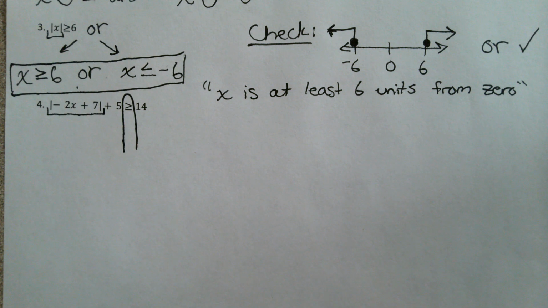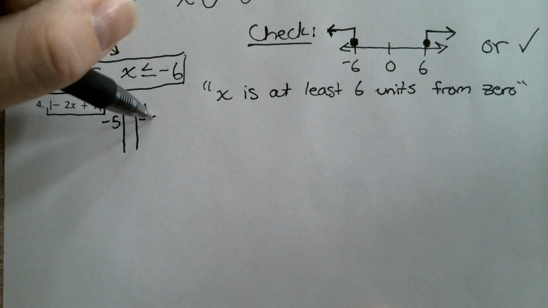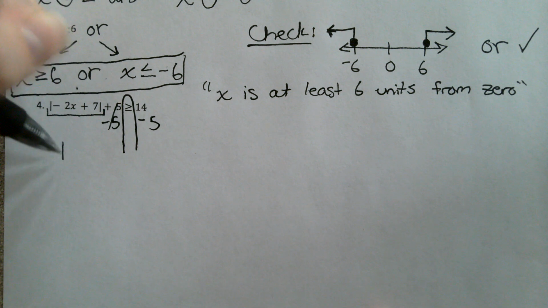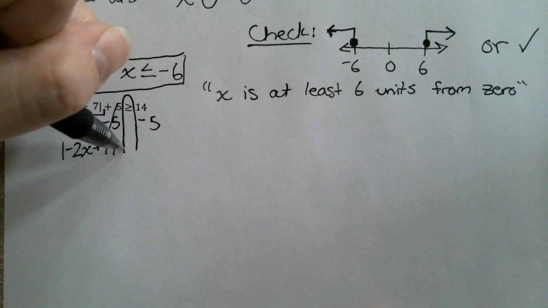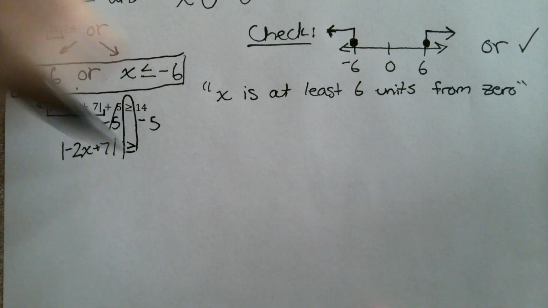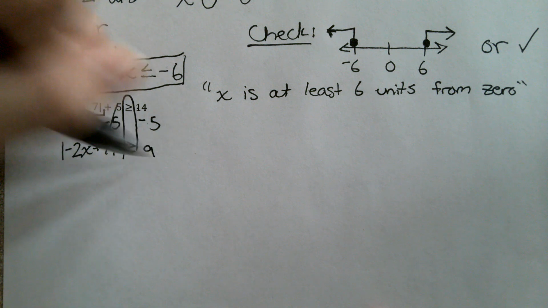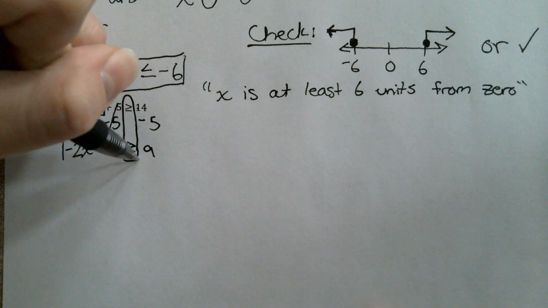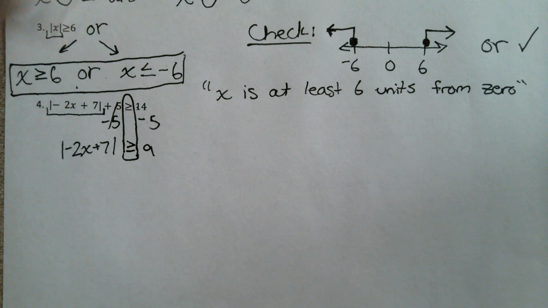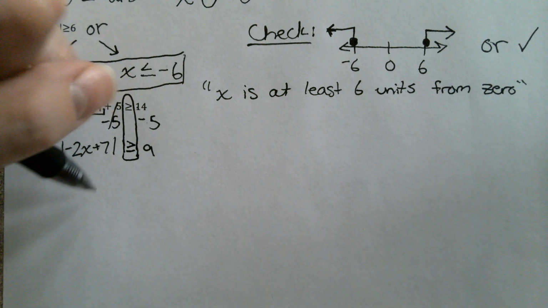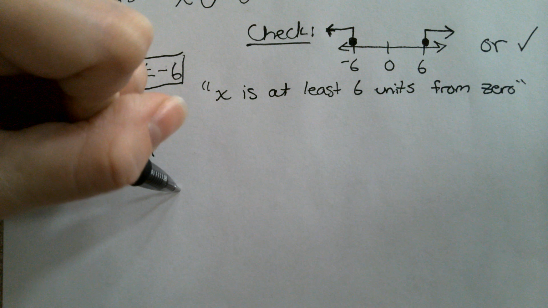This has not been done for us. We need to move this 5 over. So we'll subtract it on both sides. Absolute value of negative 2x plus 7 is greater than or equal to 14 minus 5 is 9. I'll stop here because I can see that my absolute value is now isolated. So this is the point where I can split it into 2 equations.